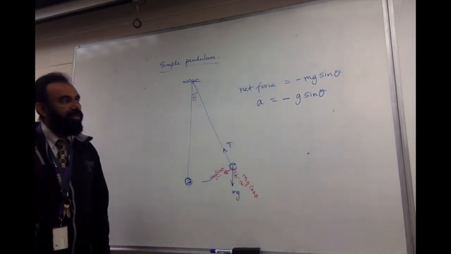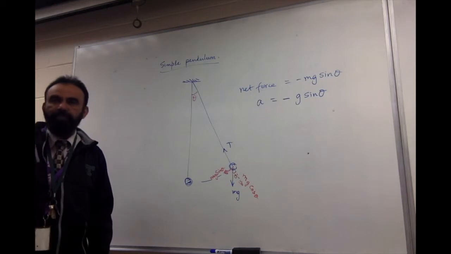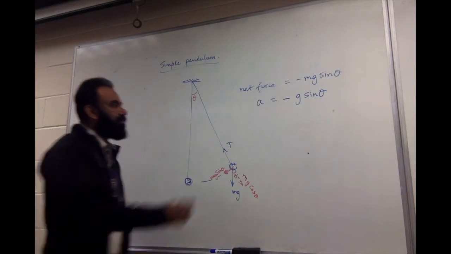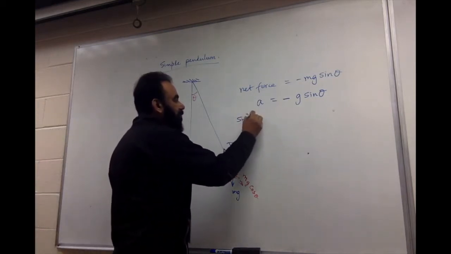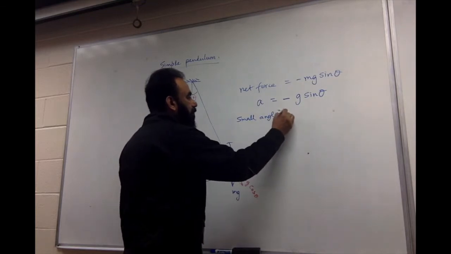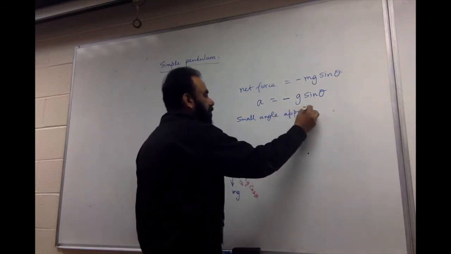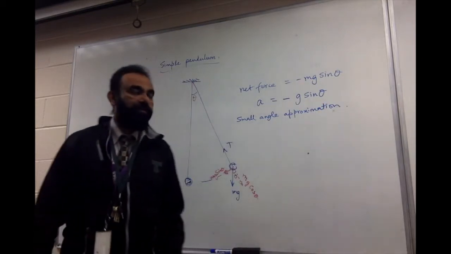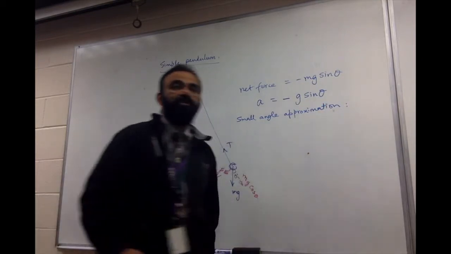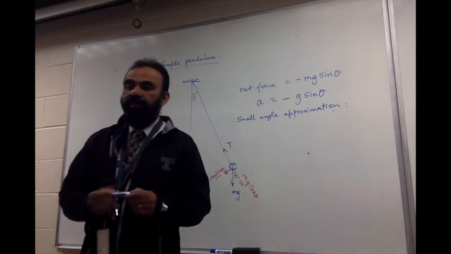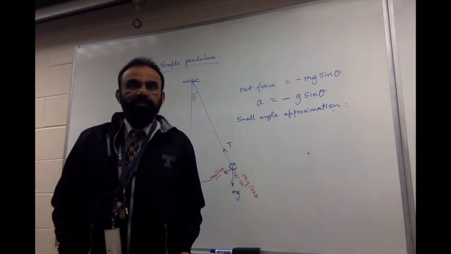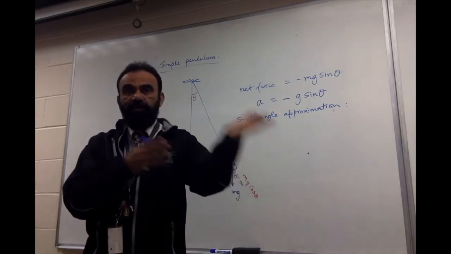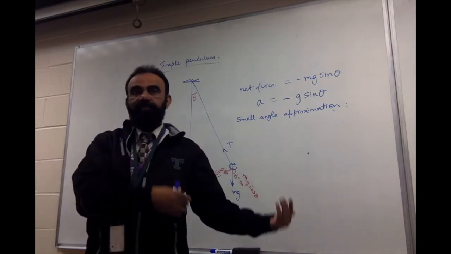Now here is where we use a small angle approximation. You can write that down. This is a small angle approximation that is used in math generally, so learn it now so you can use it in math or physics later. And we need it right now.